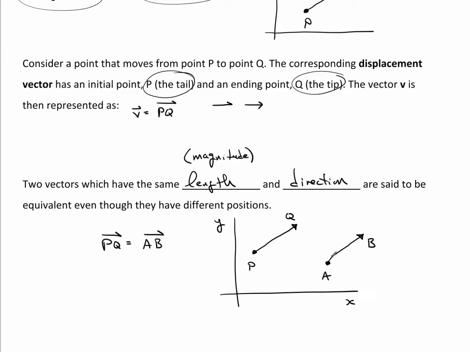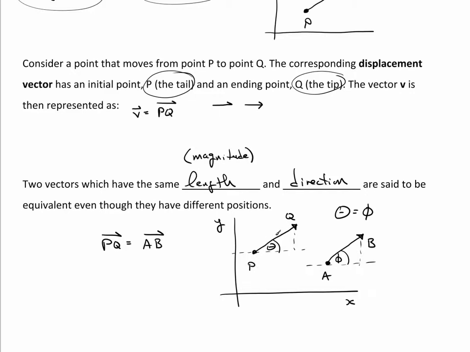They're in different locations, but to the best of my ability to draw this, they have the same length and the exact same direction. So in other words, if I take a line horizontal to the x-axis and drop a perpendicular, and call this angle theta, and I do the exact same thing here and call this angle phi, then these two angles are the same. So the directions are actually the same.